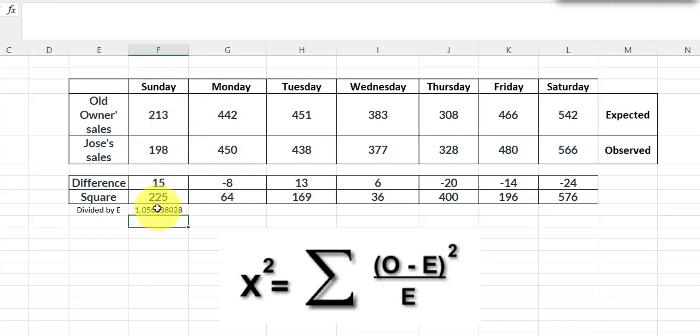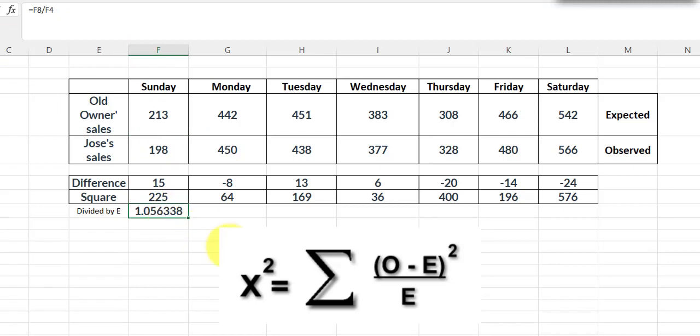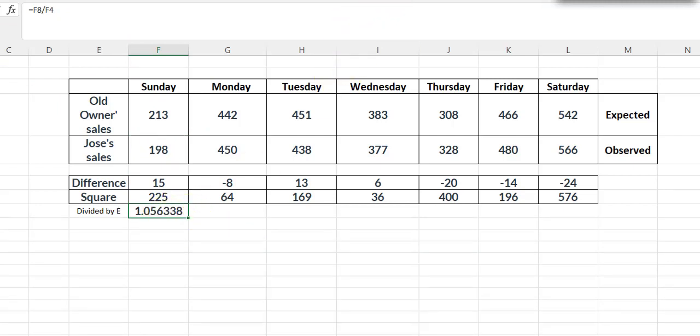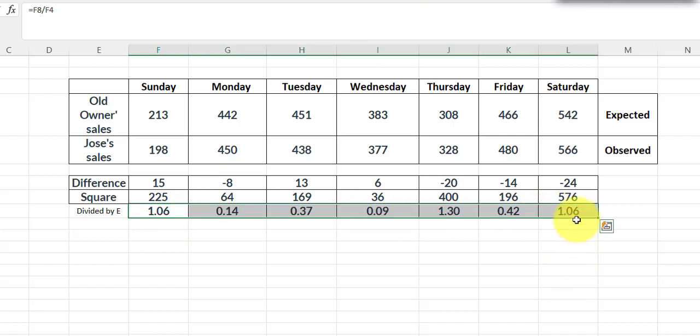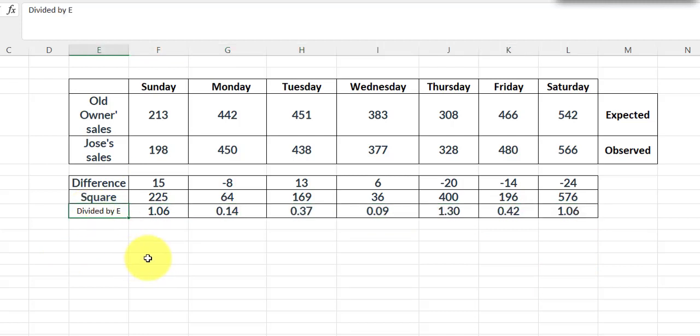So that is our squared difference between the observed and expected divided by the expected. Okay, so let's get that a little bit bigger. And I certainly don't need it out to a million place values, so let's make that a little bit smaller. We'll just go to 2 place values. So there's all the differences squared divided by their expected values.